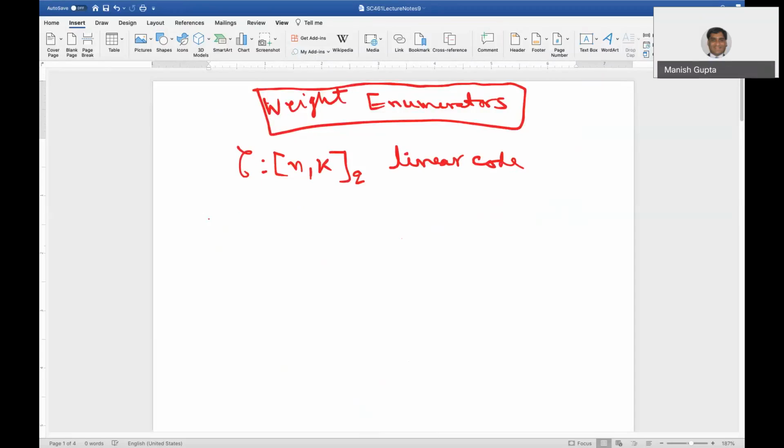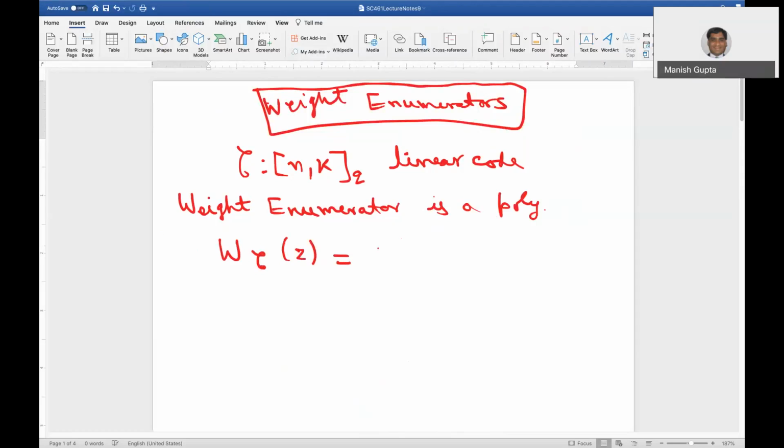The weight enumerator of a code is a polynomial which summarizes the entire weight distribution of C. W_C(z) is defined as the summation for i equal to 0 to n of A_i z raised to power i.